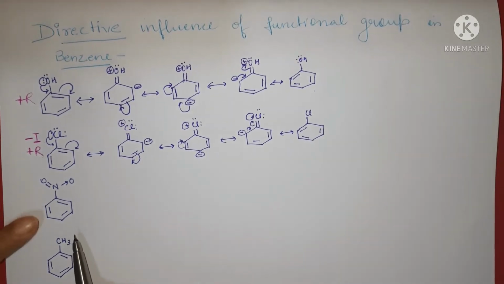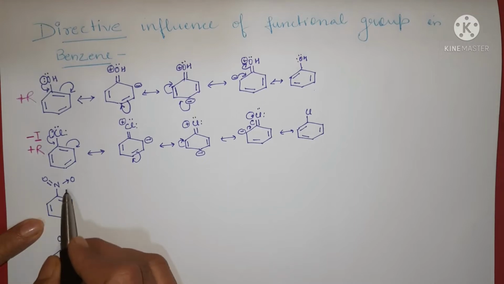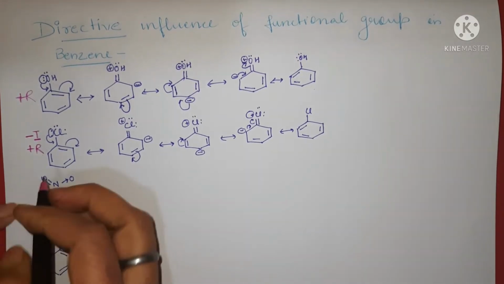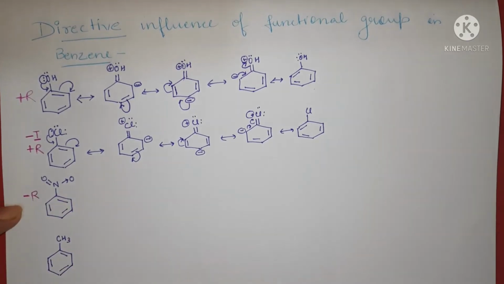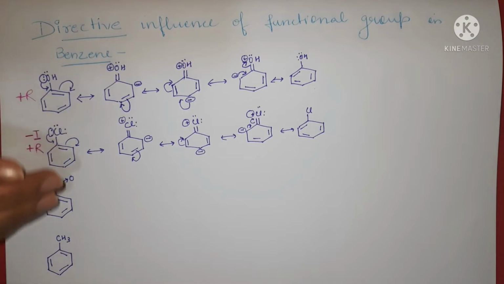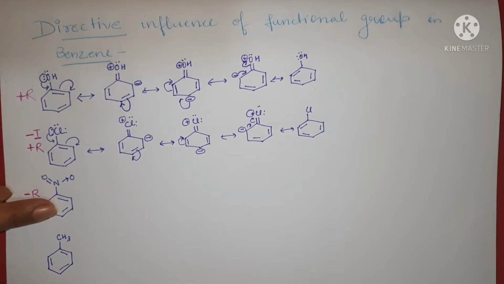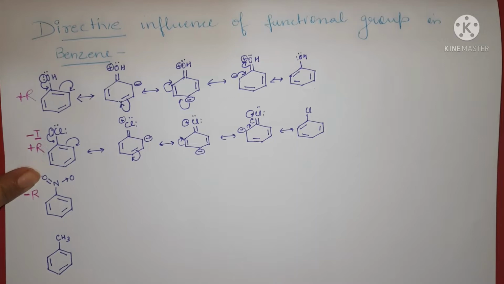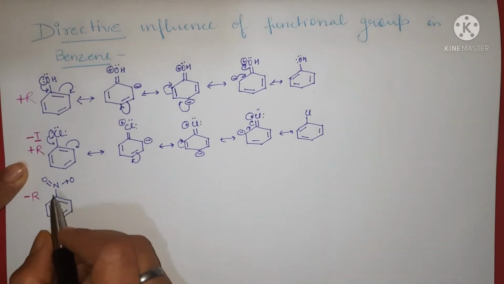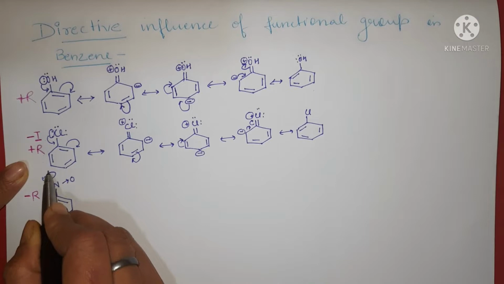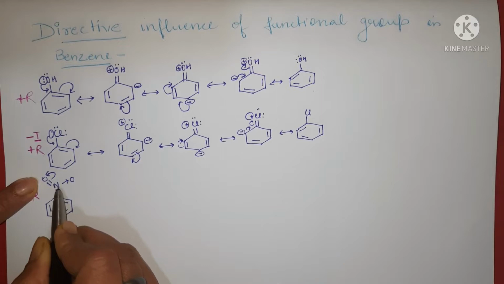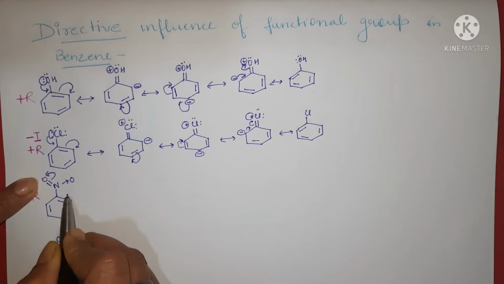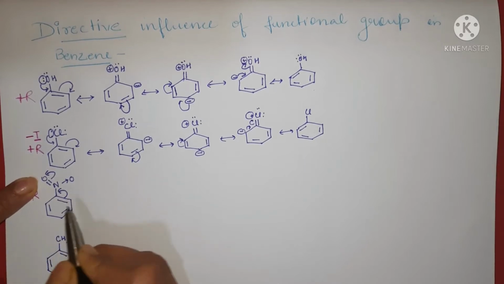Now in this compound, the NO2 group shows a minus R effect. So what it does is withdraw electron density from the benzene ring towards the oxygen. There is a shifting of this pi electron towards oxygen, and due to less electron density on the nitrogen, this nitrogen pulls electron density from the ring.